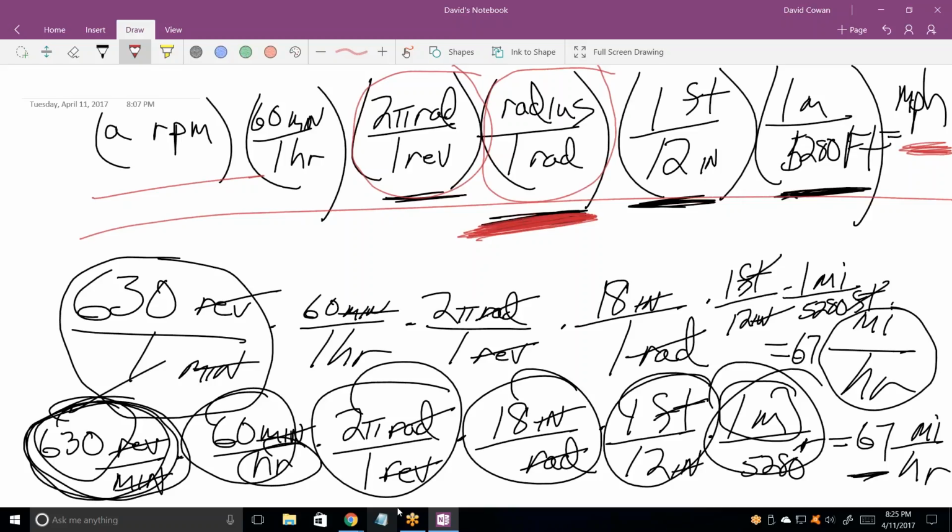So what I have circled is what you might have to solve for. Nothing else. You won't have to solve for 60 minutes per hour. You don't have to solve for 1 foot per 12 inches or 1 mile per 5280 feet. But they might ask you either the revolutions or the radius or the miles per hour.